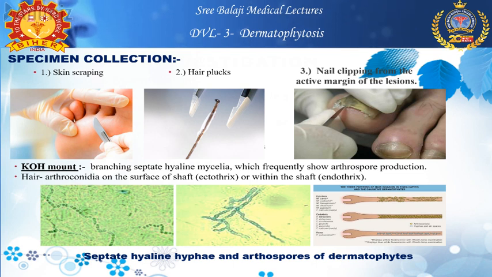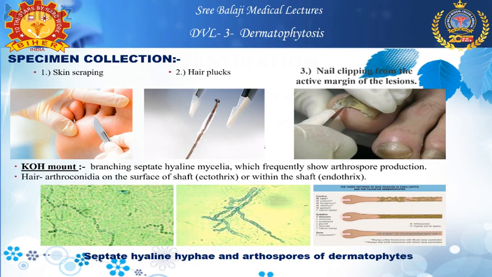Within 5 or 10 minutes you can observe under the microscope and appreciate thin septate branching hyphae. Whereas for the hair as well as the nails, the specimen has to be kept in 40% KOH for half an hour to 1 hour for dissolution of the keratin, and then you can observe under the microscope.